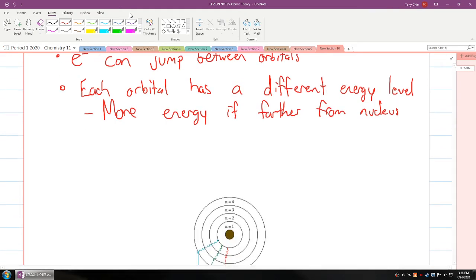But here's the thing though, when these electrons are at the higher energy level, they don't want to be there. So they will drop back down. When they drop back down, they will release energy in the form of light.